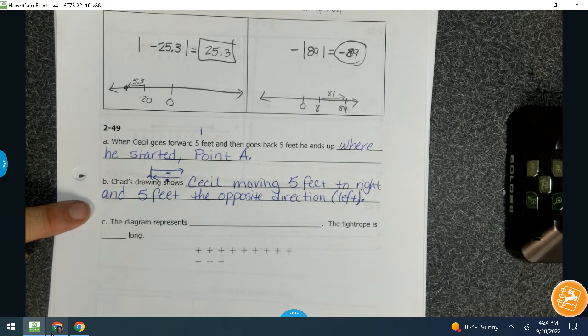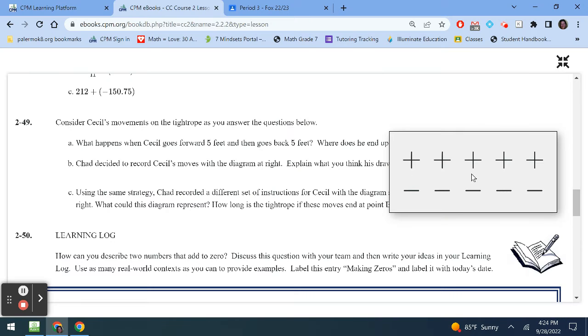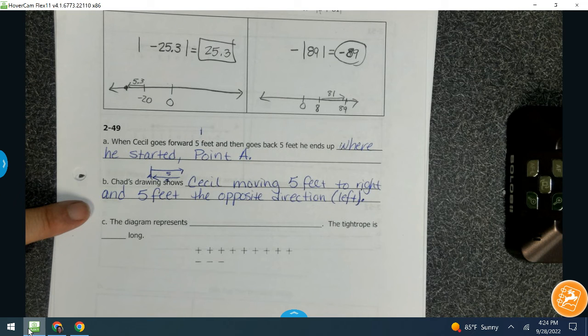And again, I can see that right here, 5 feet to the right, 5 feet to the left. Okay.